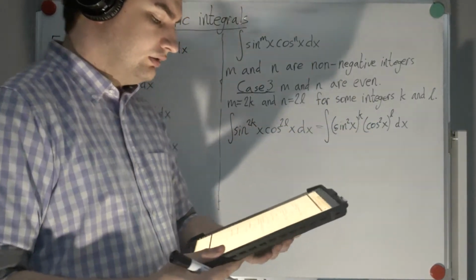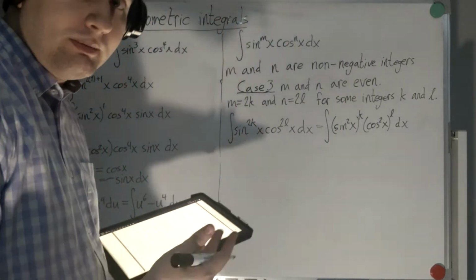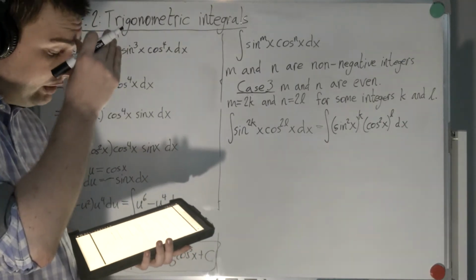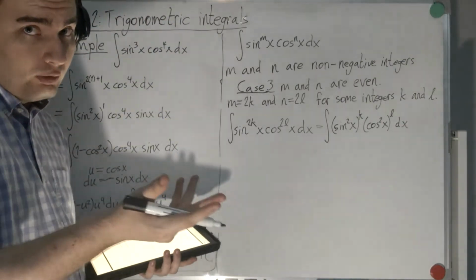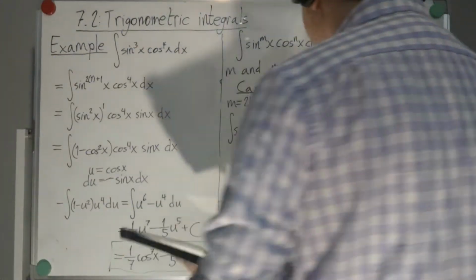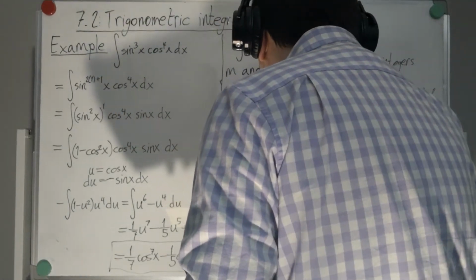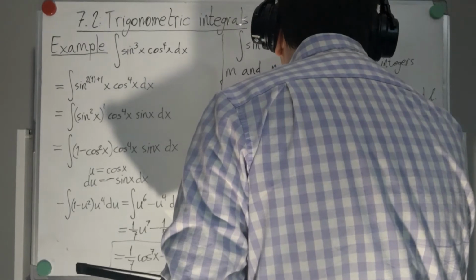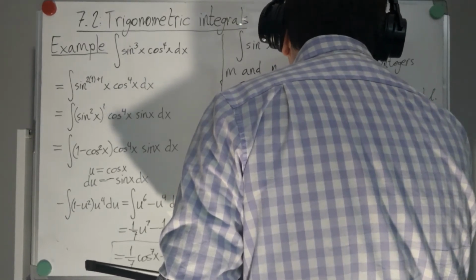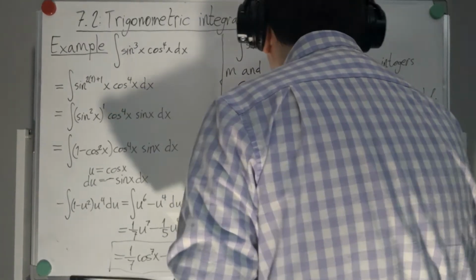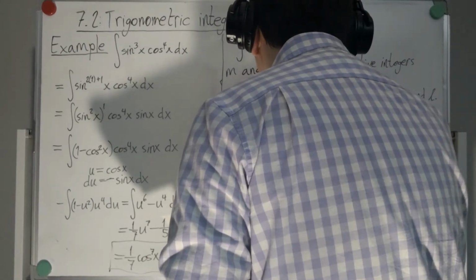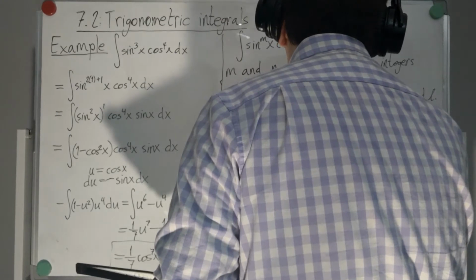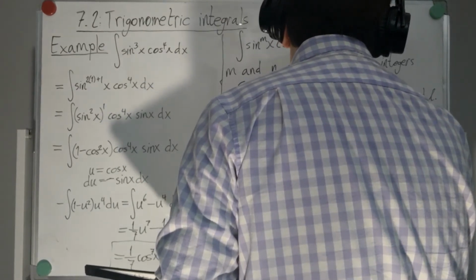From here, we can use trigonometric identities. Okay? We could be using any or all of the following. Perhaps we'll be using that sine squared x equals 1/2 times 1 minus cosine of 2x. Perhaps it's cosine squared x that we'll say is 1/2 times 1 plus the cosine of 2x.